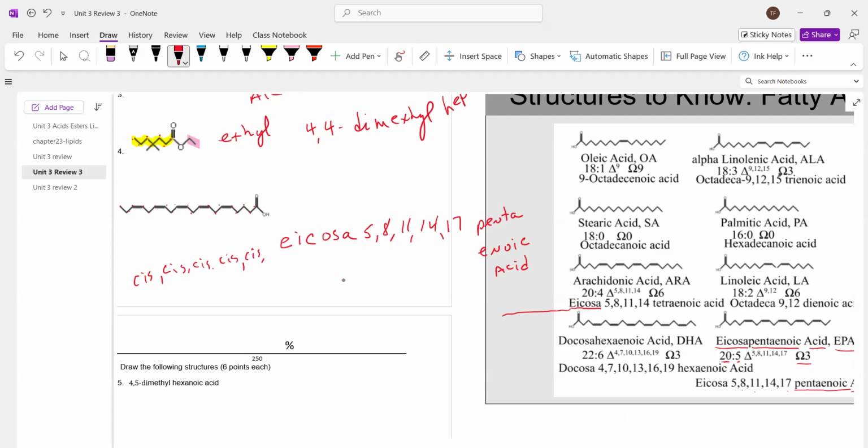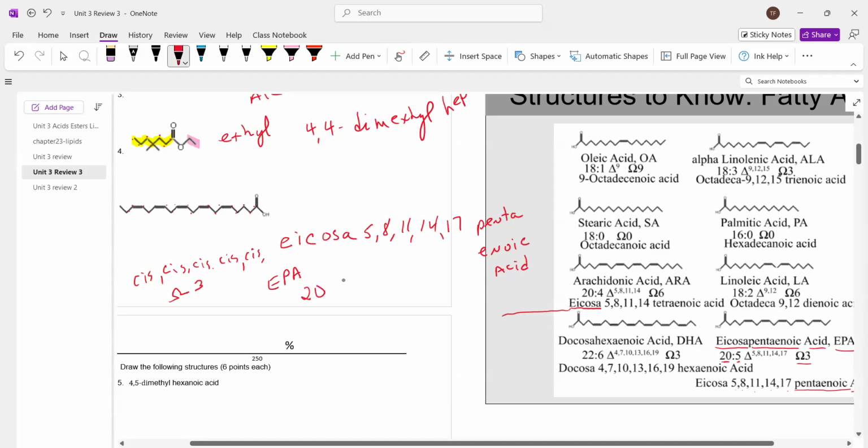Common name would be EPA. So whenever you buy omega, and it's also an omega-3, let's just name all the parts here. So this is a 20 carbon fatty acid, 5 double bonds, and it's at positions 5, 8, 11, 14, 17.